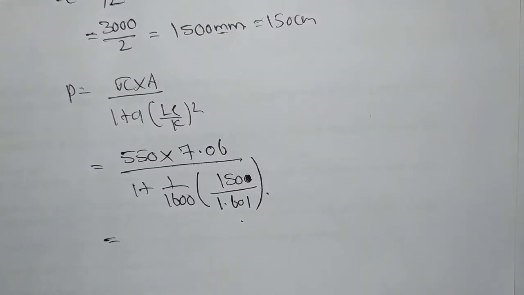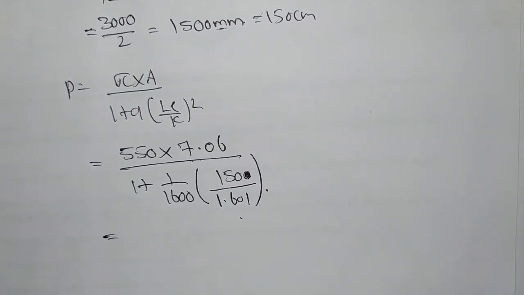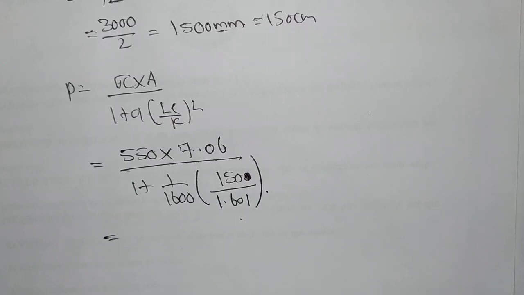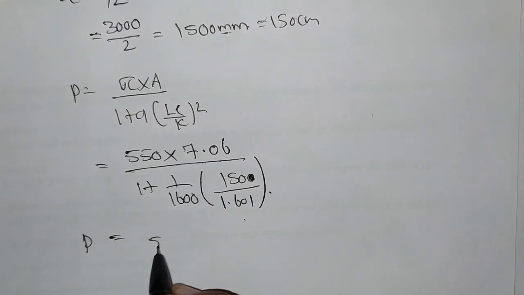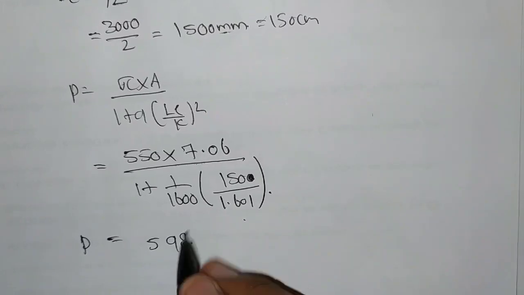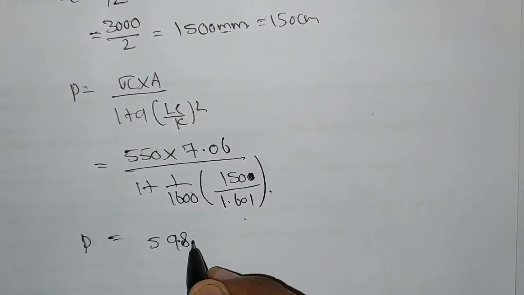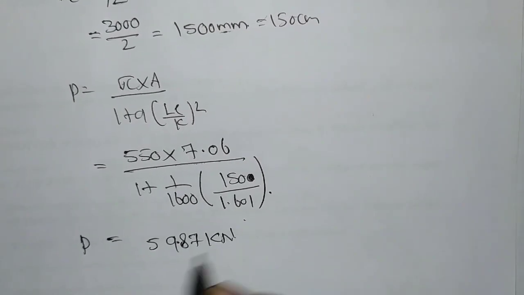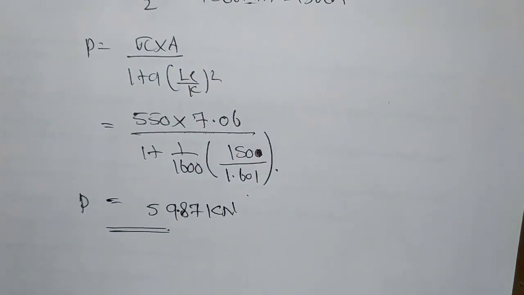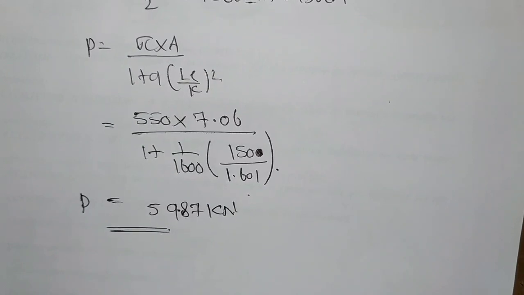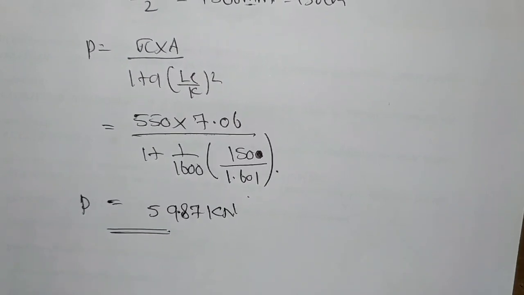Then by solving this, finally the value of P we will get is 59.87 kilonewtons. So based on Rankine's formula we have to solve the equations like this.